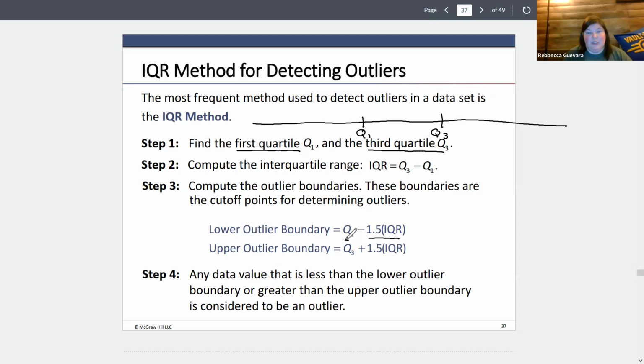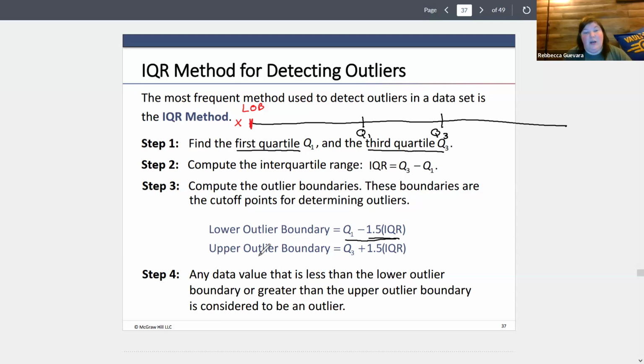And we're going to take that first quartile and subtract 1.5 times that interquartile range. So that could be out to here, and this would be your lower outlier boundary. So if I had a value that appeared out here, that would be an outlier.